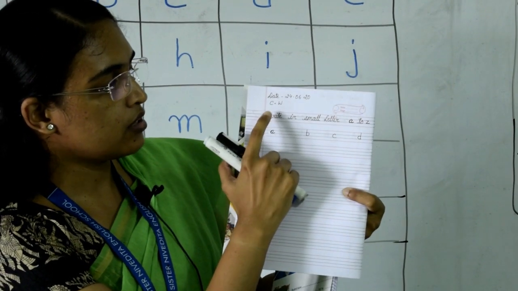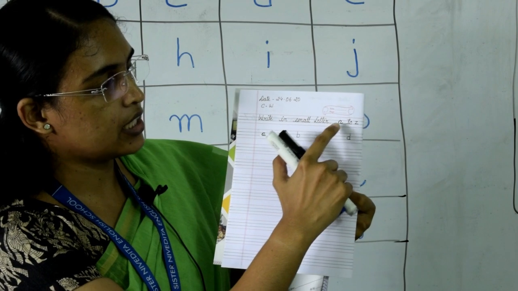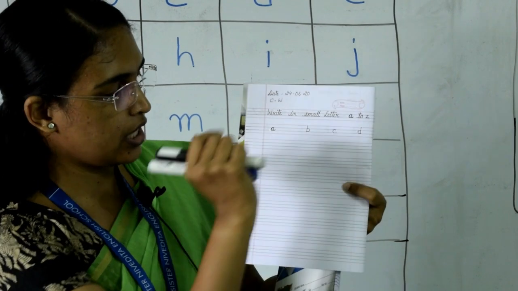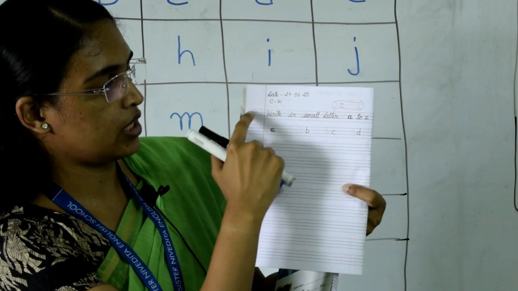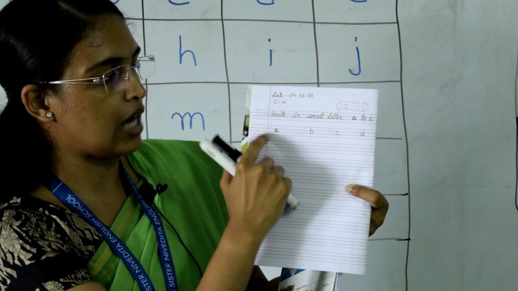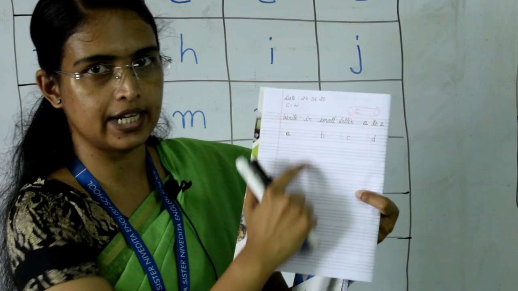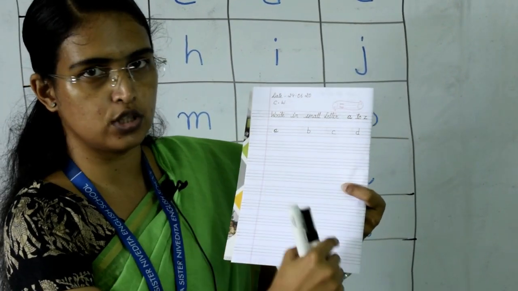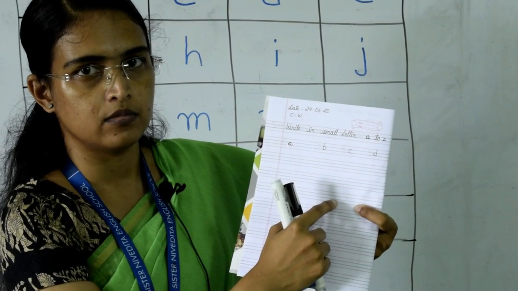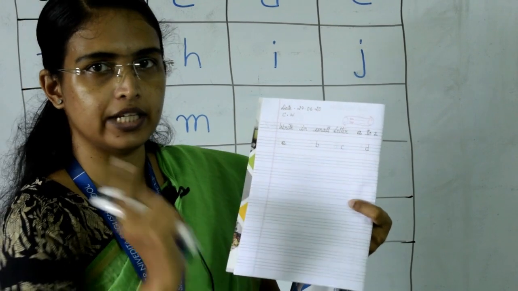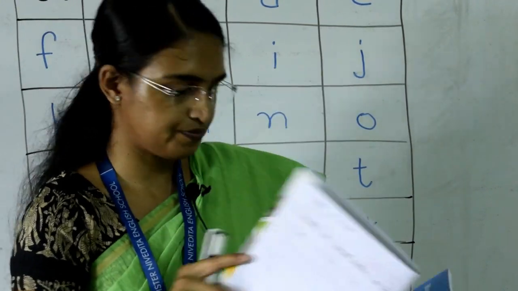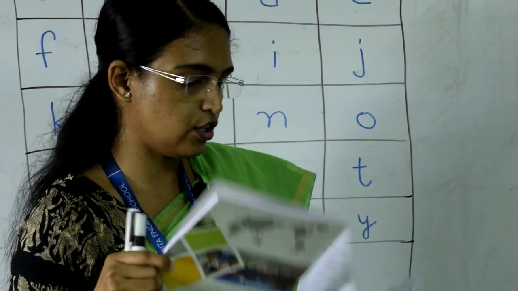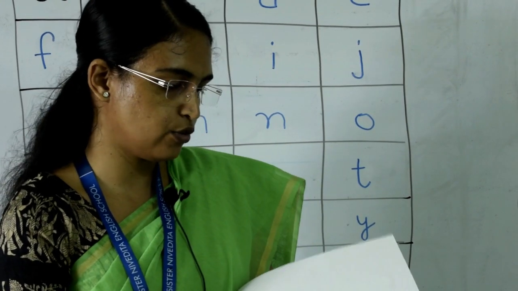What is the question? Write in small letter A to Z. Then after your parents write this question, you have to write small letters A, B, C, D from A to Z by yourself in this page.